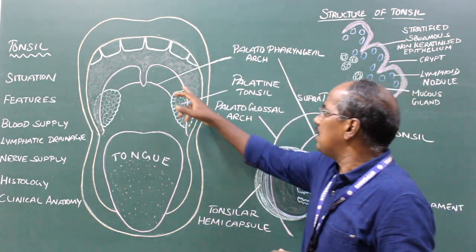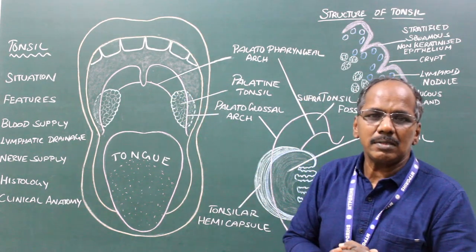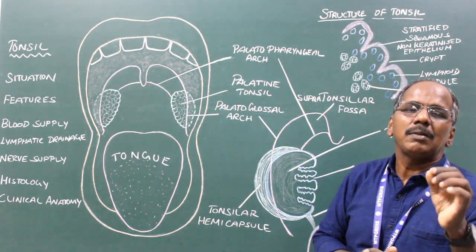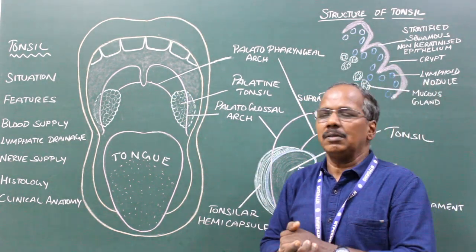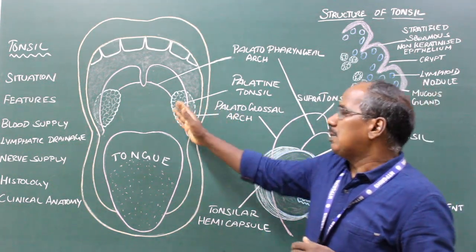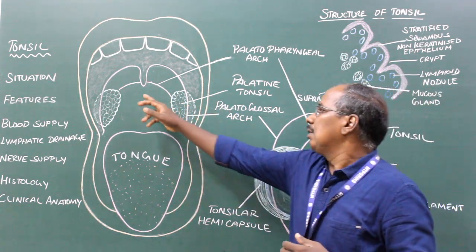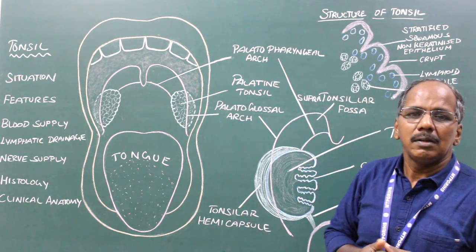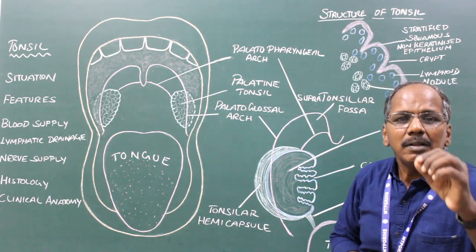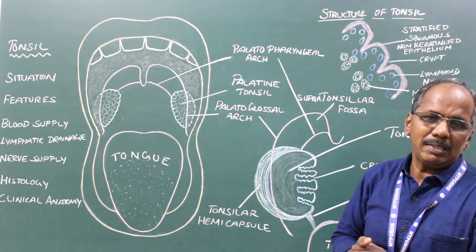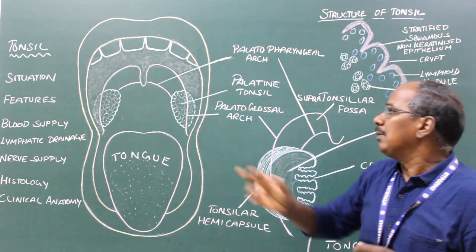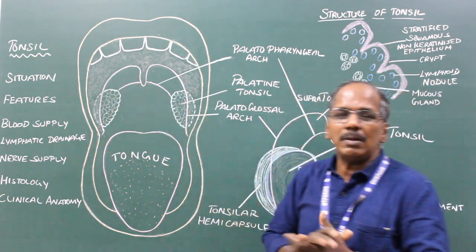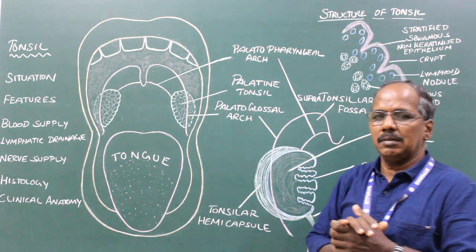Between these two arches there is a fossa, known as the tonsillar fossa, where the palatine tonsil is situated. So it is situated in the tonsillar fossa in the lateral wall of the oropharynx between the palatoglossal and palatopharyngeal arches.